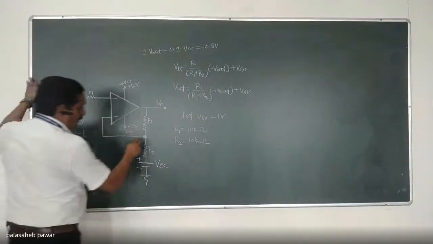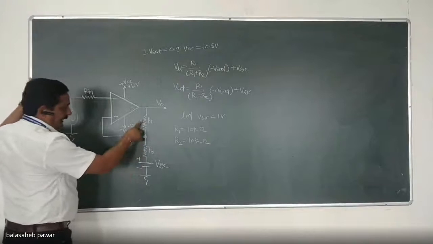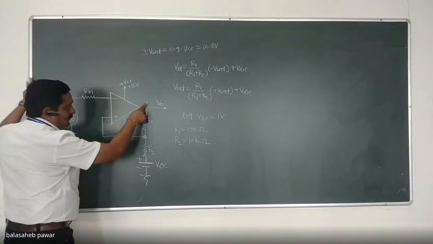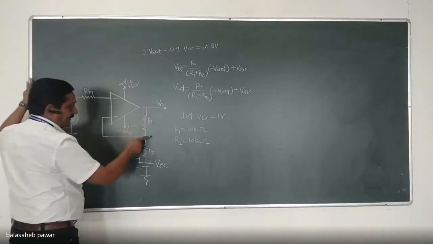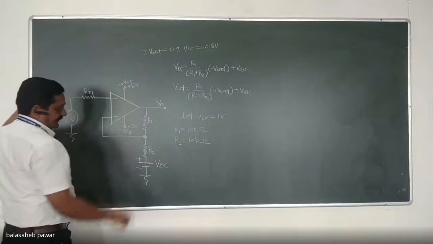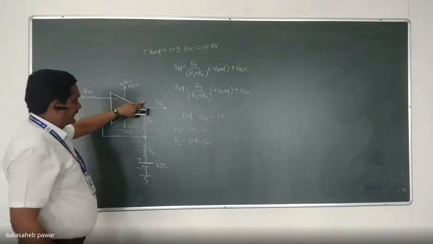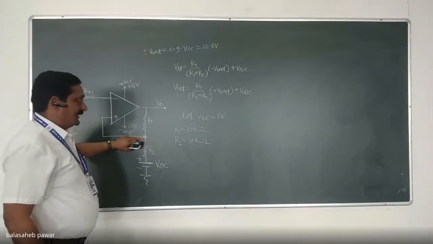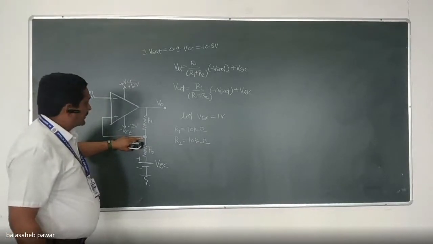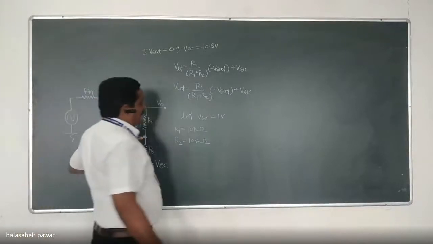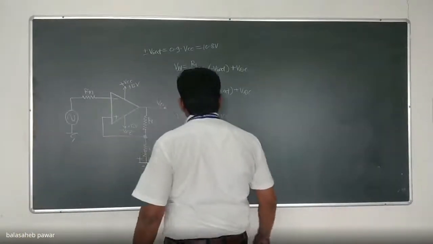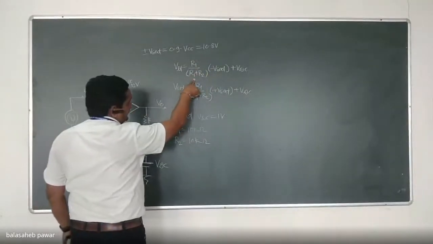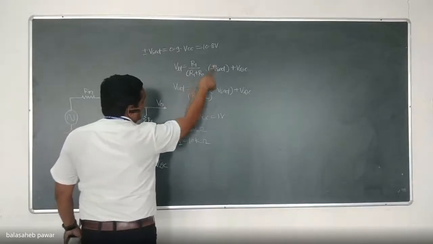So see, the node voltage formed by R1 and R2 only, when the output will be minus VSAT, will be equal to VLT, right? Whenever the output is minus VSAT, the node voltage that we are calling a threshold voltage is nothing but VLT. How much will it be? Only by R1 and R2, it will be 5.4 volts. If you put it over here, 10K divided by 20K, then it will be 0.5 into minus VSAT.